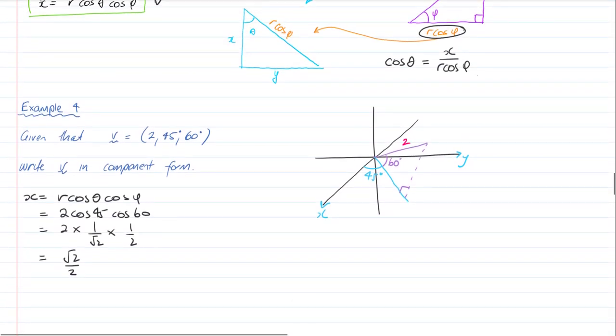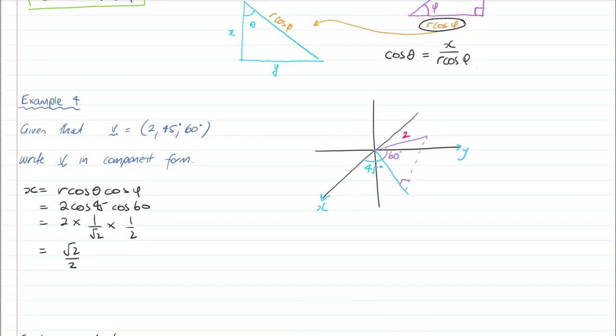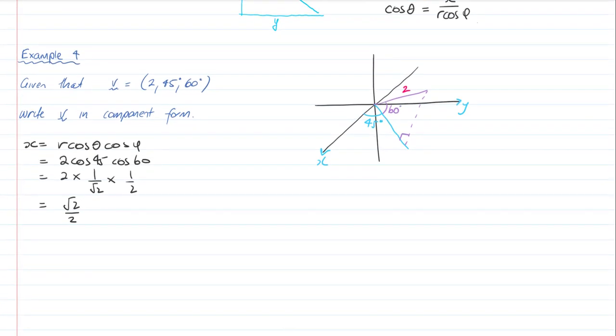That's X. Y is equal to R cos theta, no, that's wrong, sorry, R sine theta cos phi, which is equal to 2 sine 45 cos 60. And we get the same thing here because sine 45 and cos 45 are the same, so we get root 2 on 2 here.